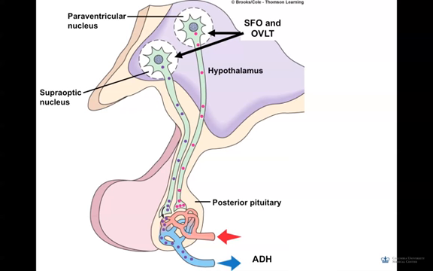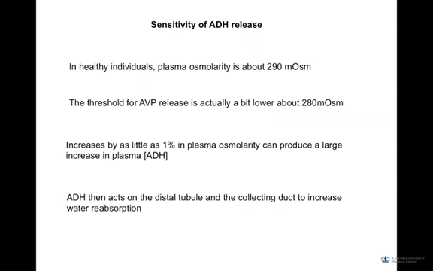Plasma osmolarity rises, the SFO and the OVLT sense that rise, and they stimulate the hypothalamus to release ADH from the posterior pituitary. Now, we know that ADH is going to bring about enhanced water reabsorption at the level of the kidneys. Right? It enhances water reabsorption at the distal tubule and the collecting duct. So that will enhance water conservation and hopefully bring our plasma osmolarity back down to normal.